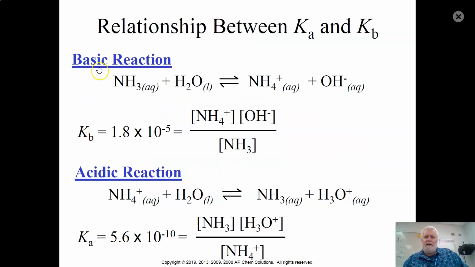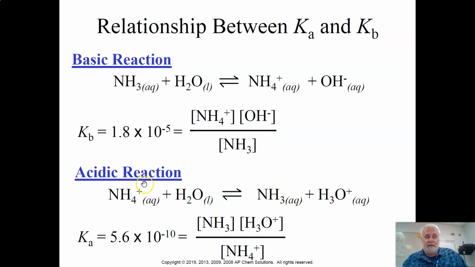Now, we can look at a chemical reaction two ways here. So if we look at ammonia, it can react with water to become NH4 plus, or it can start as NH4 plus, react with water to become NH3.